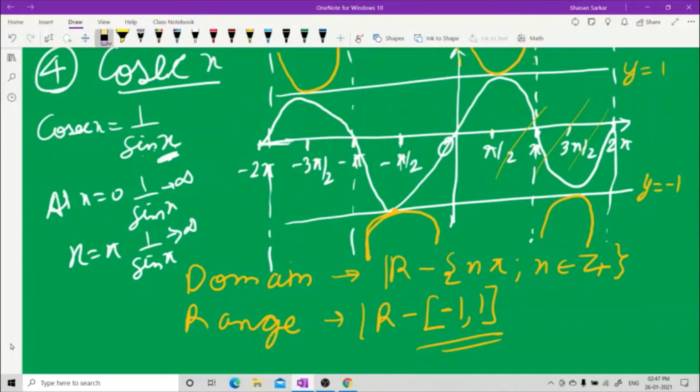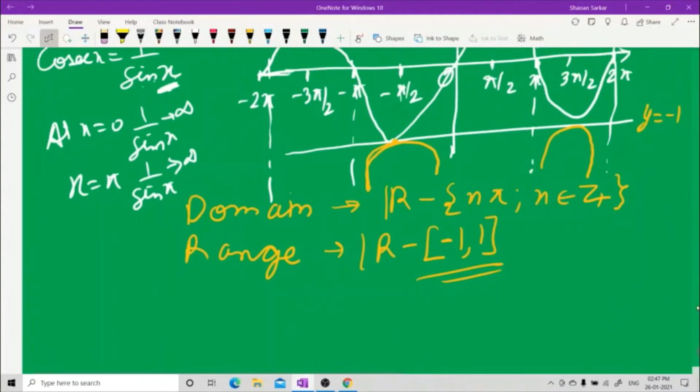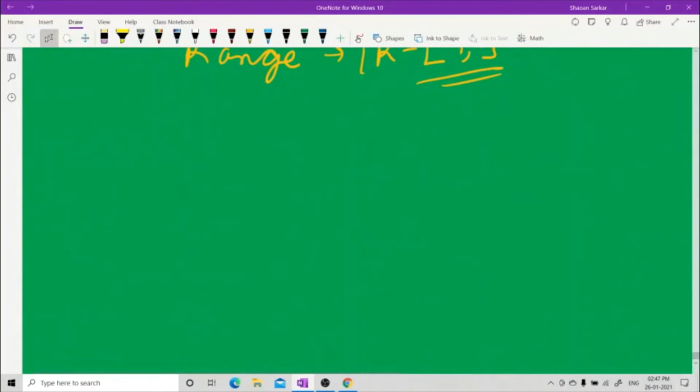Now we will draw the graph for sec x. This is our fifth one.